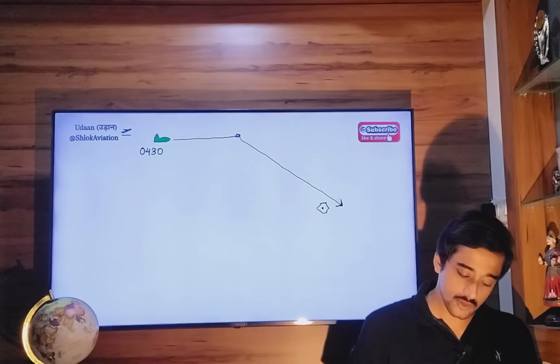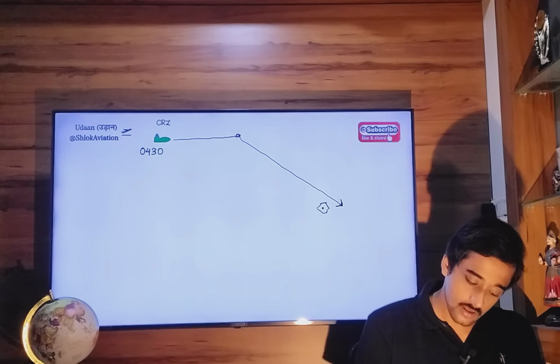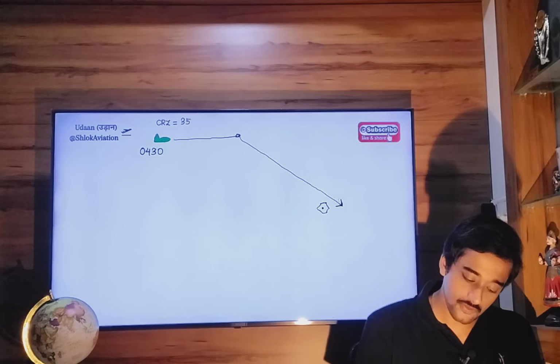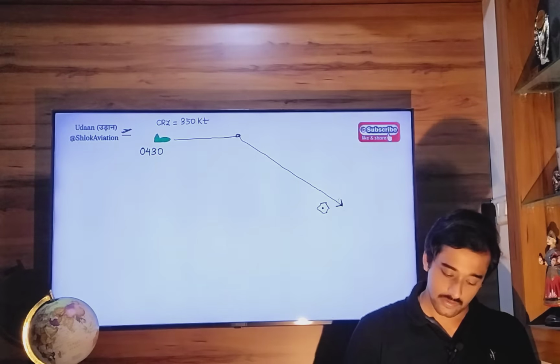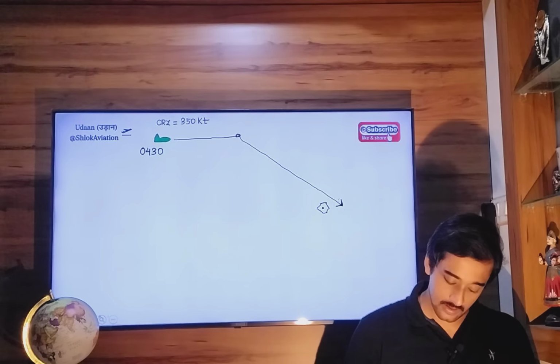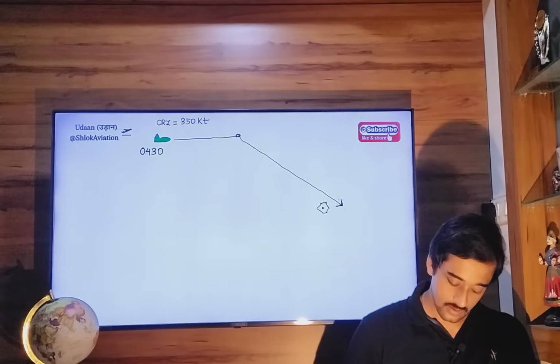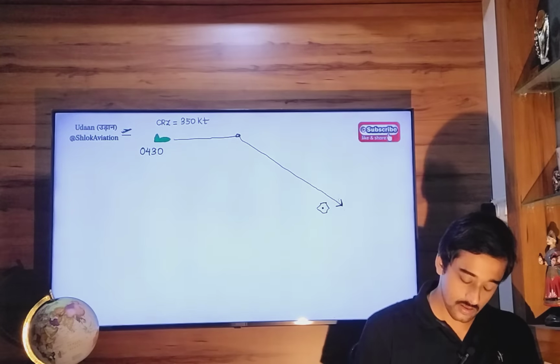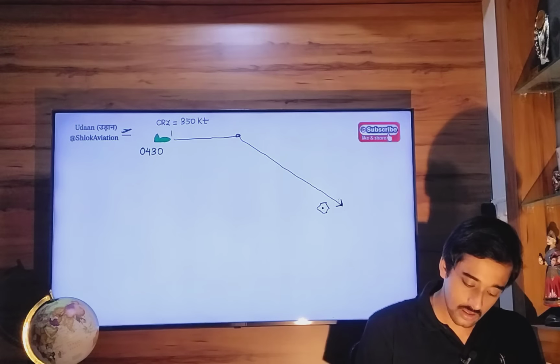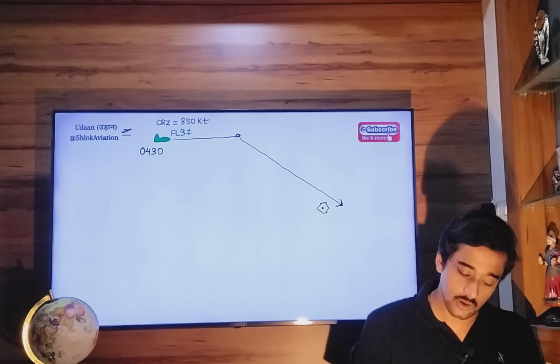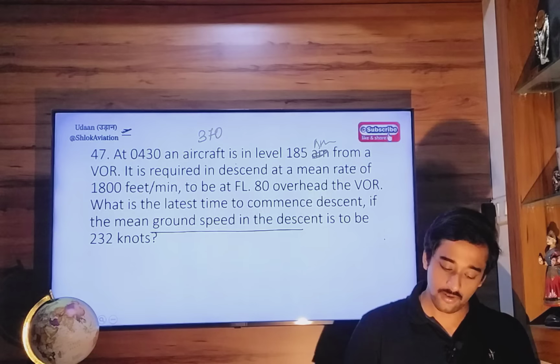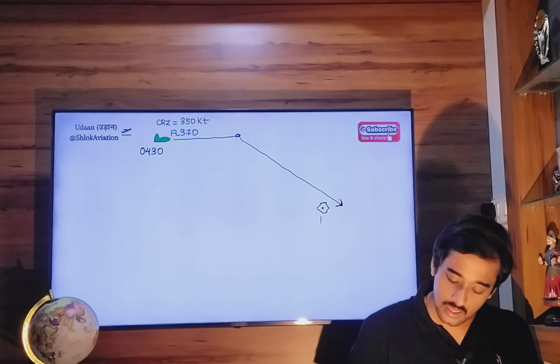Okay, cruise speed is 350 knots. Aircraft is at flight level 370. It has to overfly the VOR station at flight level 80.